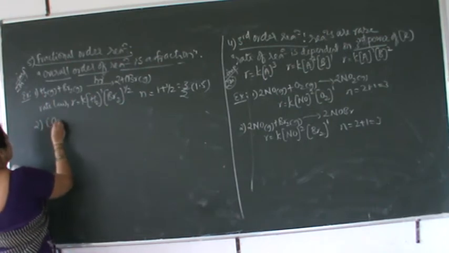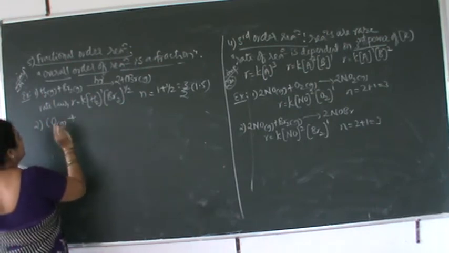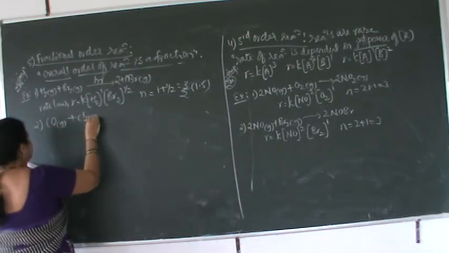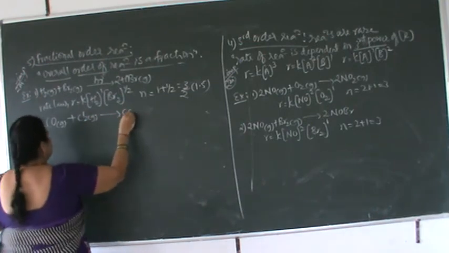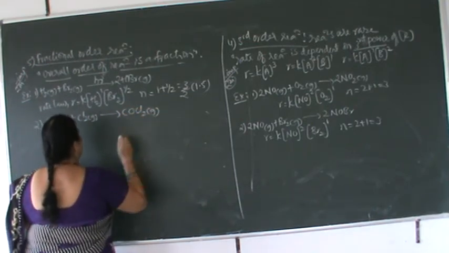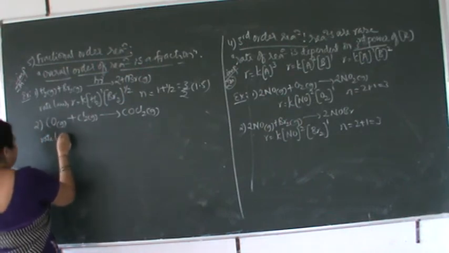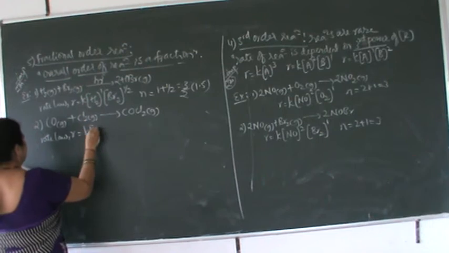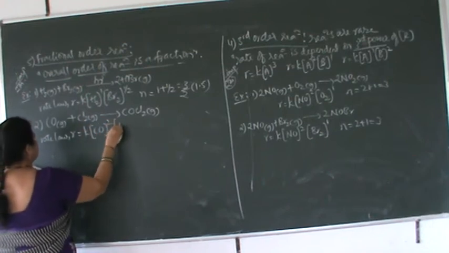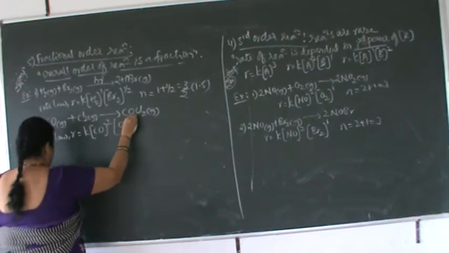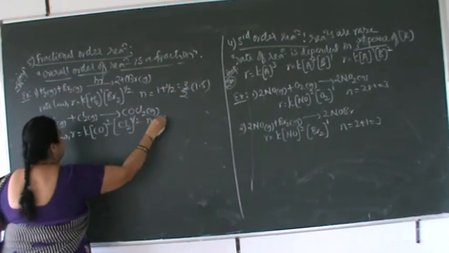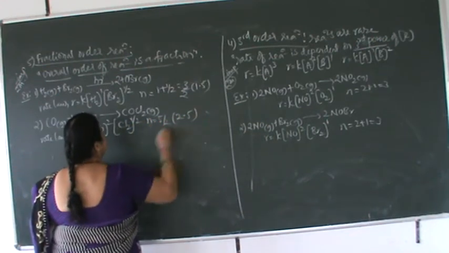Second example: CO gaseous, carbon monoxide, it is not cobalt, plus Cl2 gaseous giving COCl2, carbonyl chloride. Here the rate law is R is equal to K into [CO] raised to 2 into [Cl2] raised to half, n is equal to 5 by 2, or 2.5.